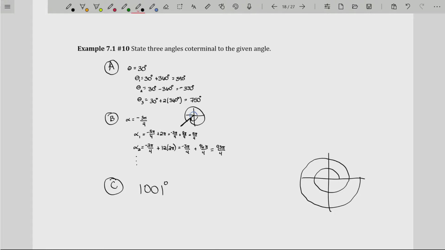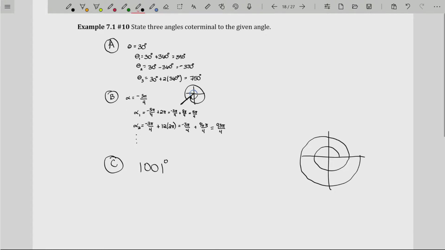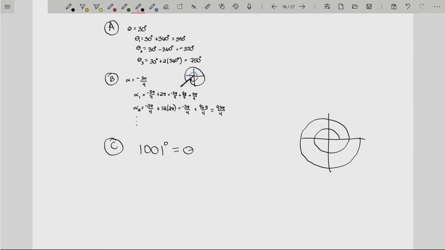So you want to basically start unwinding that spool. So if this was the angle they handed you, I'm going to start by saying, okay, what's 1001 minus 360?